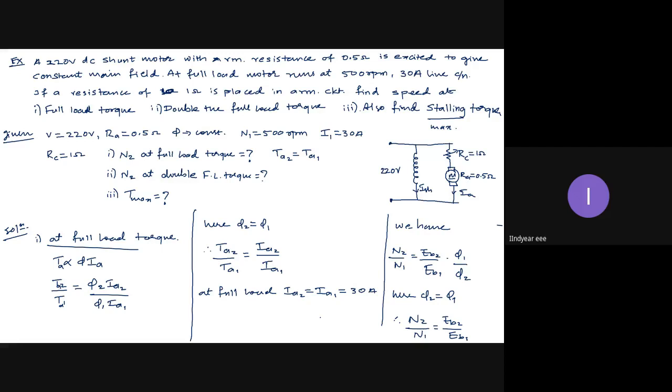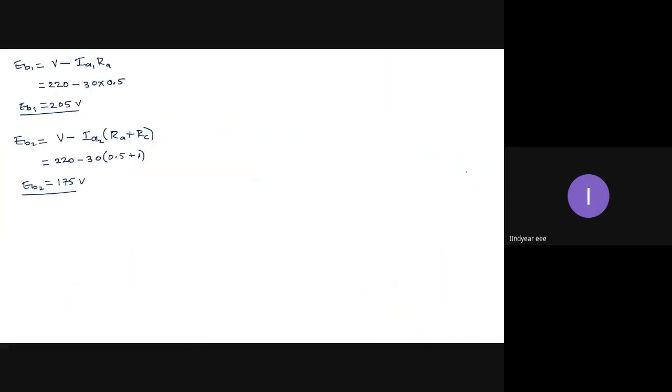So when I am inserting a resistance in series with the armature, the speed is bound to change, though the load is adjusted at full load only. So this you should observe. These are the observations. It is not a mere calculation in mathematics by substitution in equations. If you follow only the mathematics, then you will fail to appreciate the phenomena of operation.